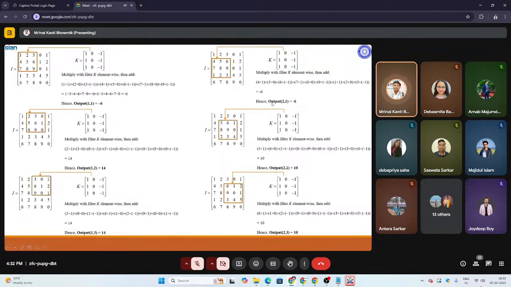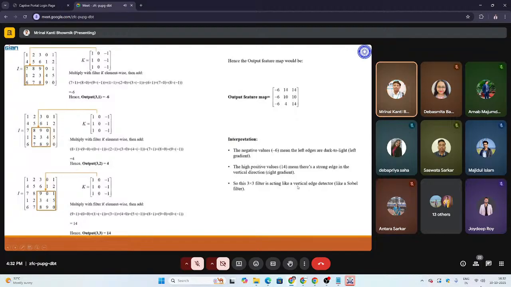The output for 2 1 is minus 6, 2 2 is 10, and 2 3 is 10. Proceeding to the next part, output 3 1 is also minus 6, and then 4 and 14. So the output feature map is made by taking all 9 values.